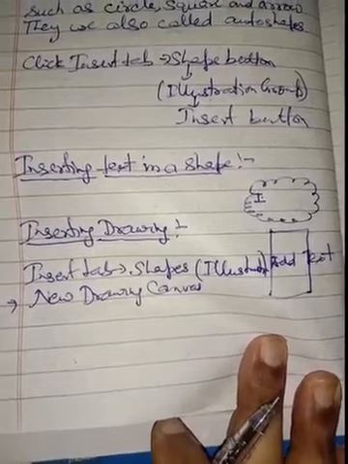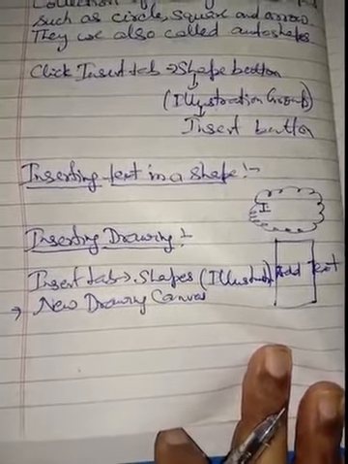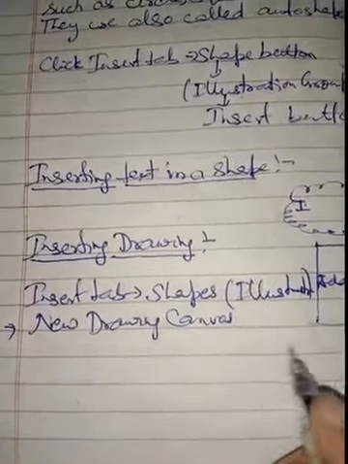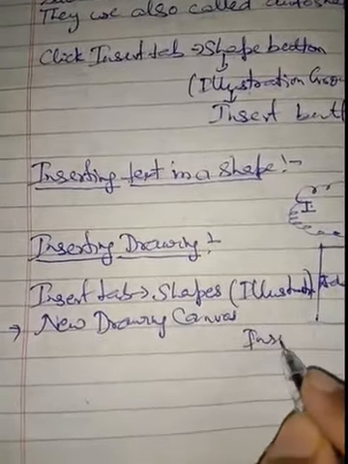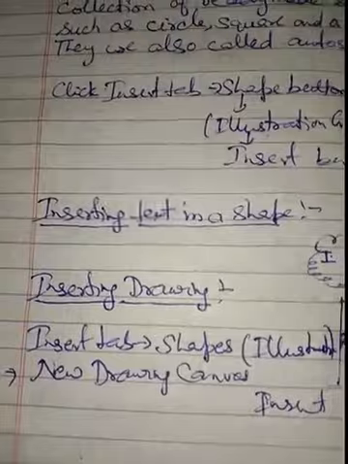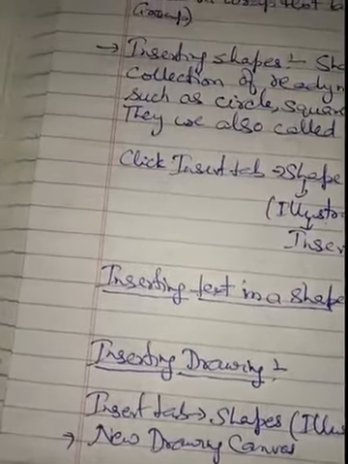We can select any of the shapes, and after selecting the shape we can double click over it, or press the Insert key, and that shape will be added to our document. In this way we can insert drawings in our document.